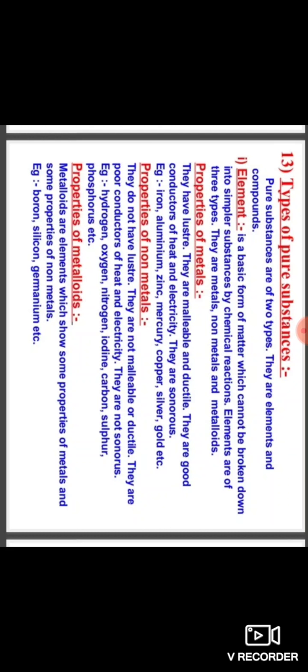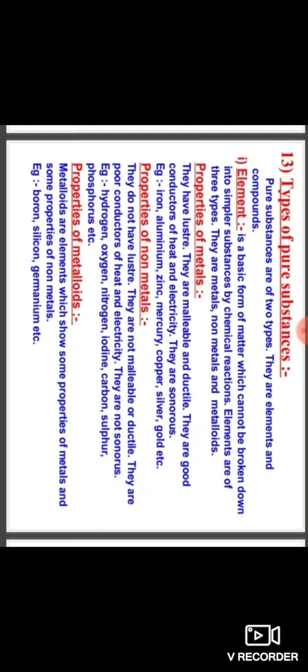They are poor conductors of heat and electricity. They are not sonorous, they do not make sound. For example, hydrogen, oxygen, nitrogen, iodine, carbon, sulfur and phosphorus are examples of non-metals.